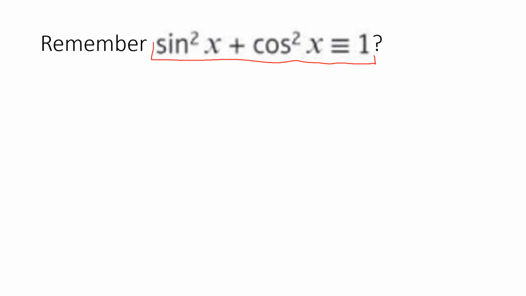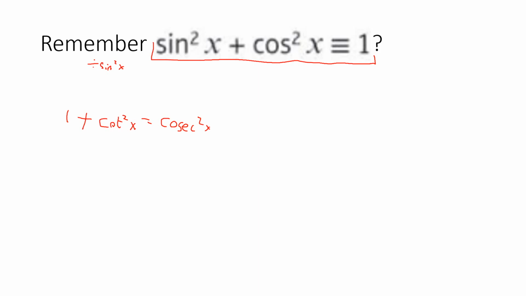And all we're going to do is divide by sine squared x. If we do that, we get 1 plus cos over sine is cot, and that's equal to cosec squared x. Okay?